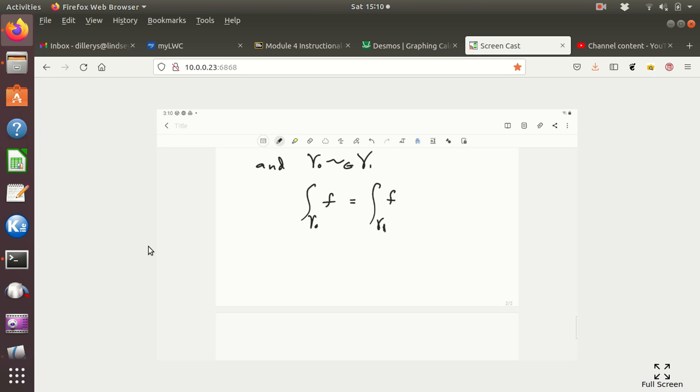But again, you could have gamma 0 just be a circle, and gamma 1 be a triangle, and you say, I don't know how to do this triangle. Oh, but that circle would be easy. There you go. You can do it that way, and that's the whole point.